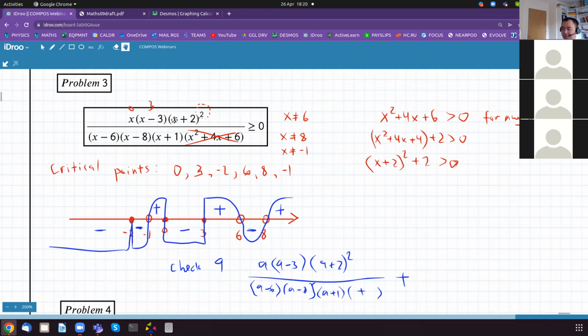Okay. Good. And now we need the interval which is greater than or equal to 0. And we just shade it. And of course, what about this point?